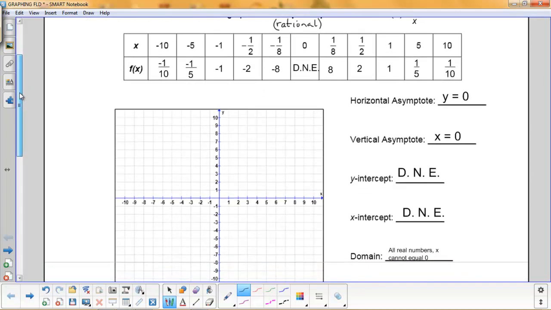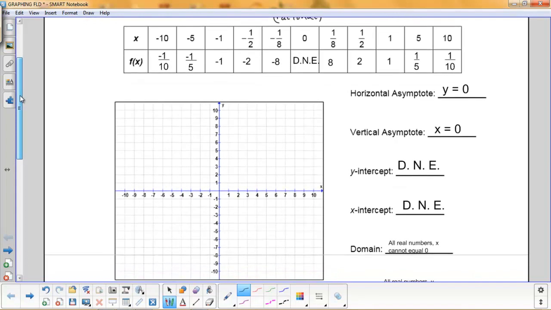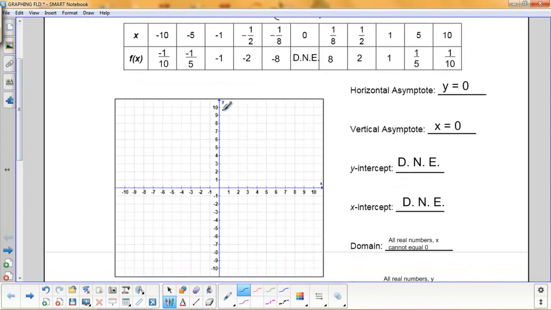So I'm simply going to use the table values above to graph the parent function on the graph below.